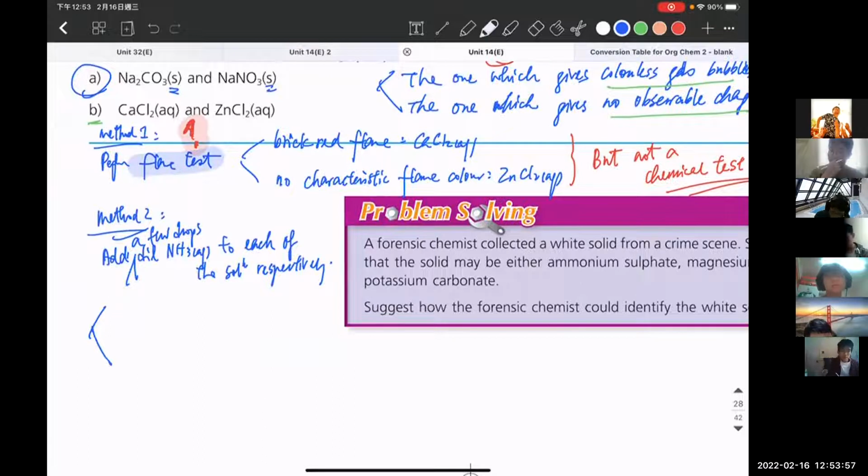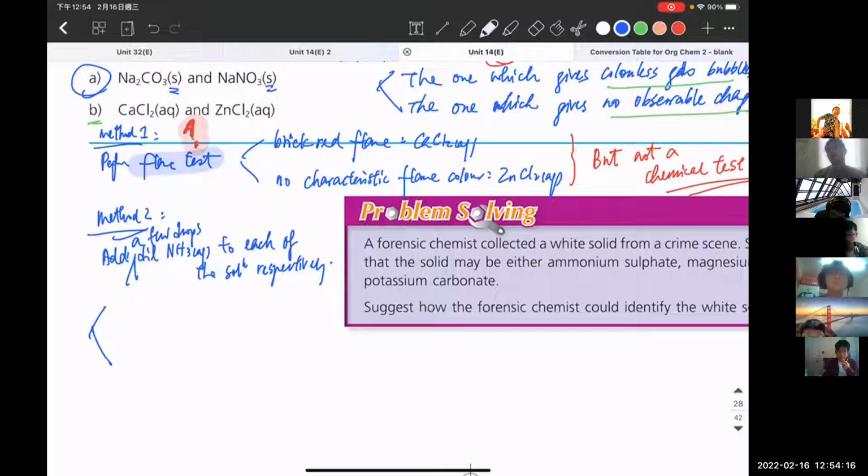However, for the sample that contains zinc ion, the white precipitate will dissolve to give a colorless solution. Correct. Do you agree?